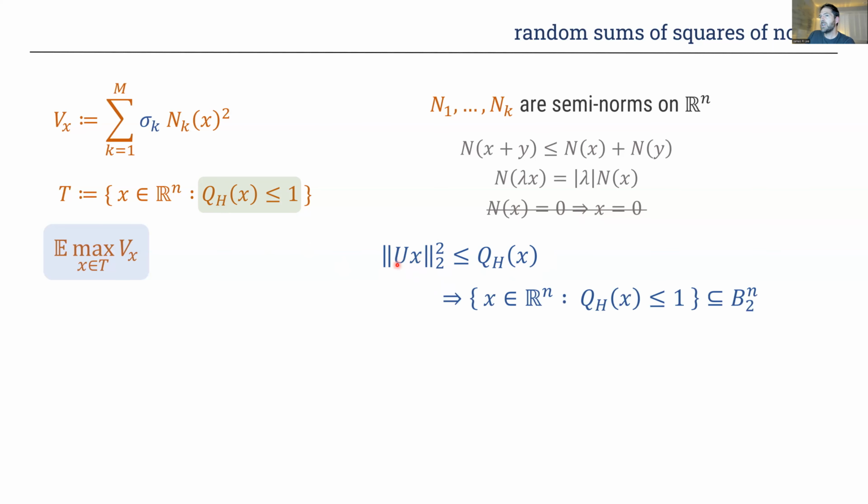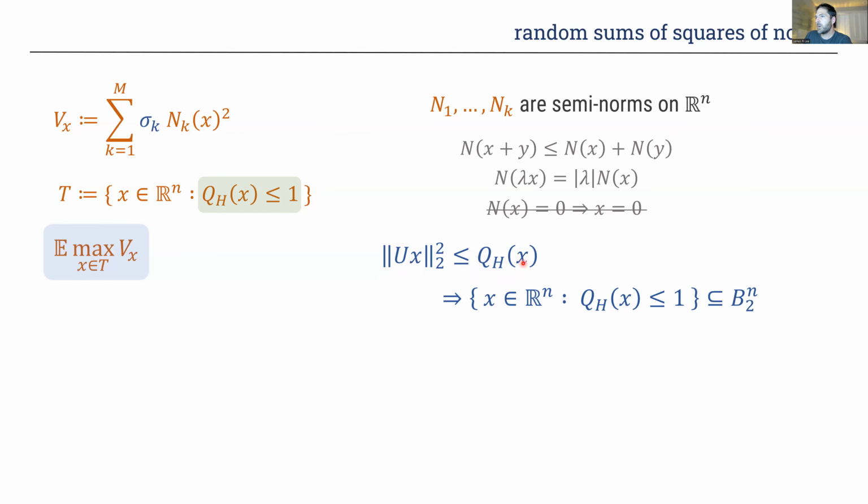And if we ignore the linear transformation U, which we can do since all Euclidean norms are the same, it doesn't really matter. I'm just going to assume U is the identity for simplicity of notation here.